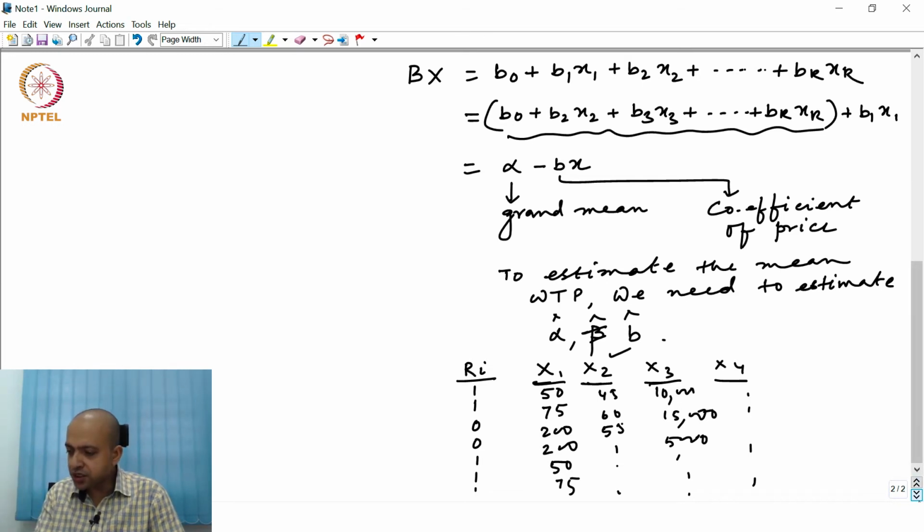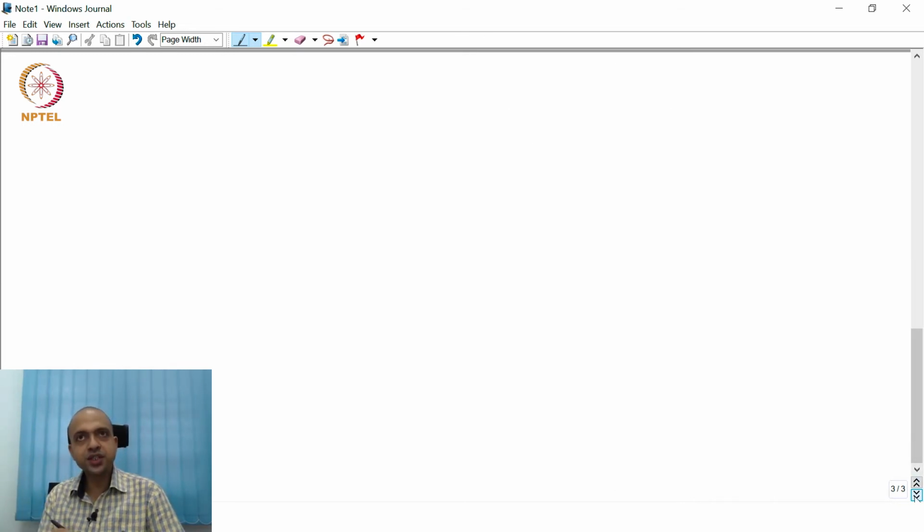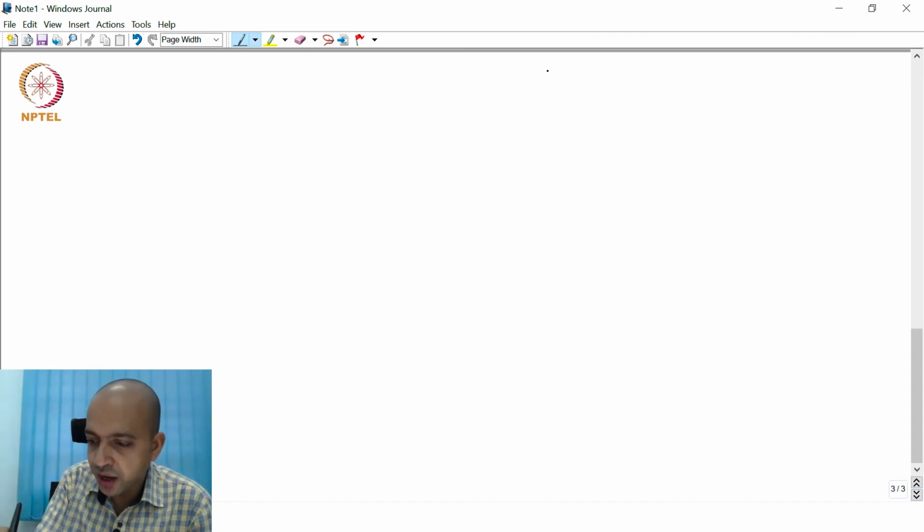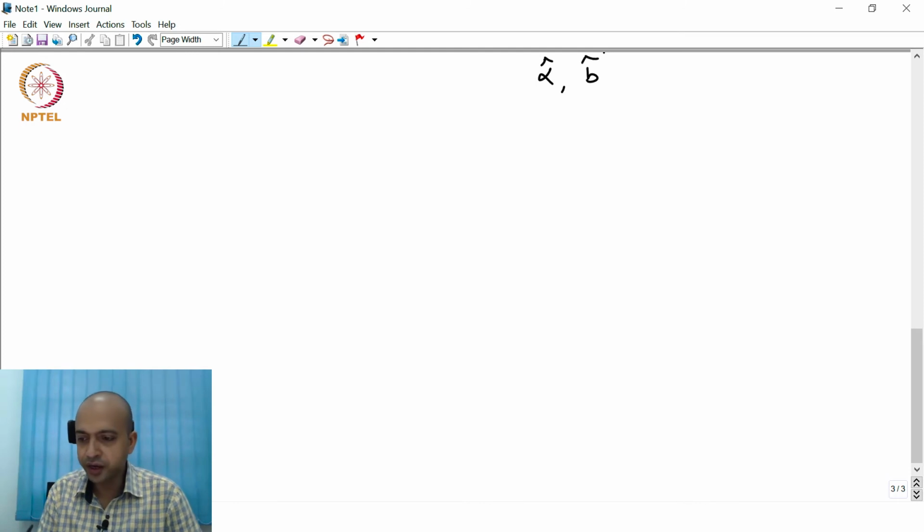So once we estimate the logit model by regressing this Ri on the explanatory variables, then I will get this alpha hat and this b hat.